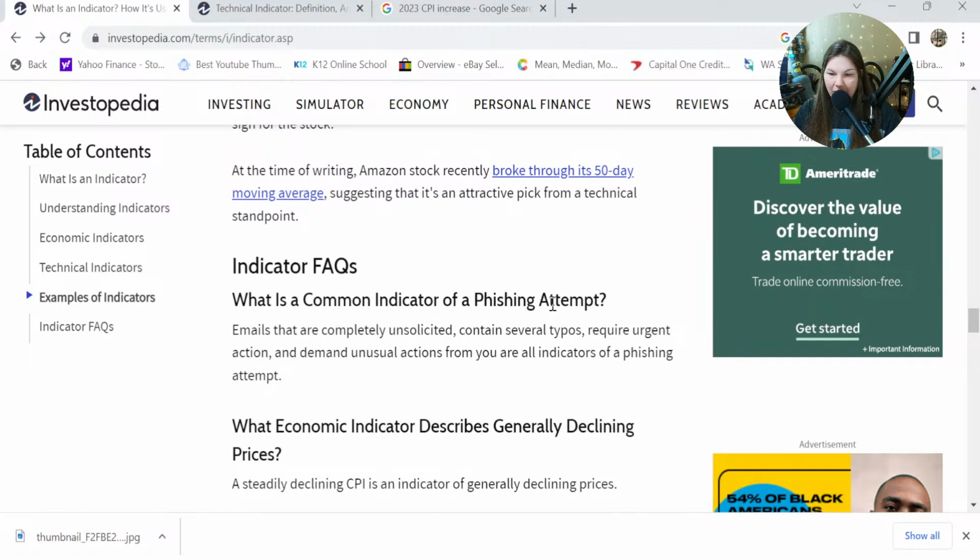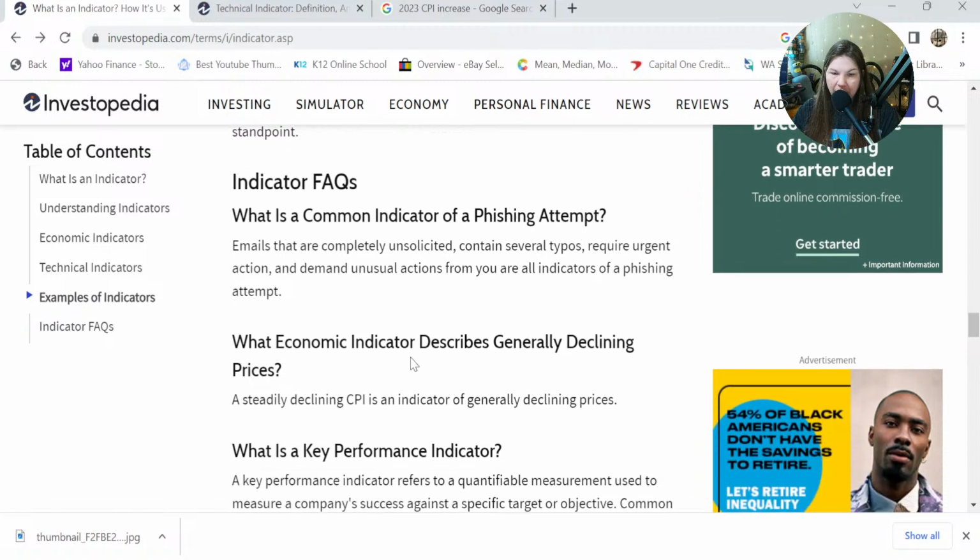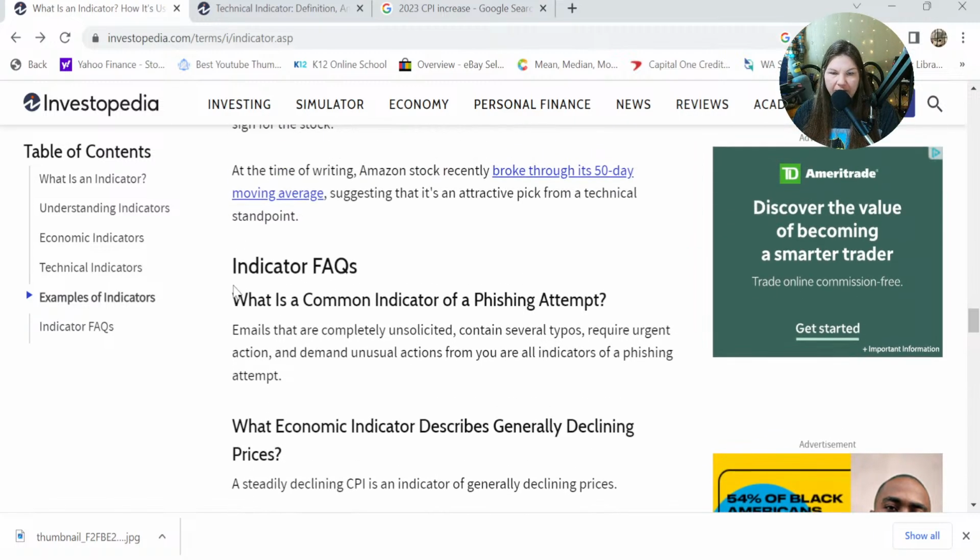What is a common indicator of a phishing attempt? Emails that are completely unsolicited, contain several typos, require urgent action, and demand unusual actions from you are all indicators of a phishing attempt. Yes, guys, if you go into your email and it asks you, you didn't email those people. Don't email them back. Don't even check the email. If it contains a typo, don't check the email.